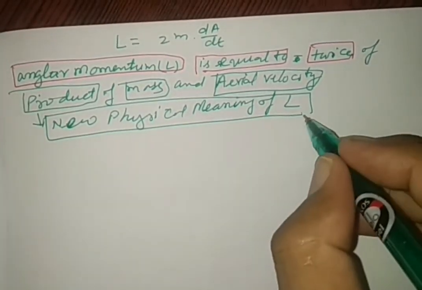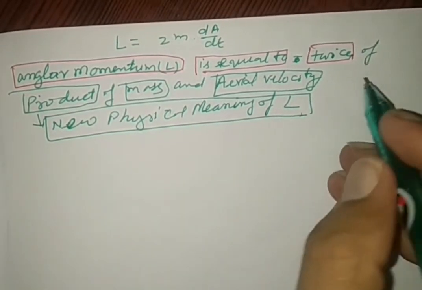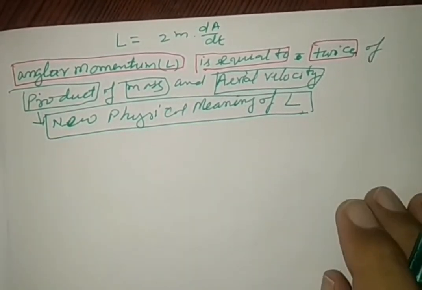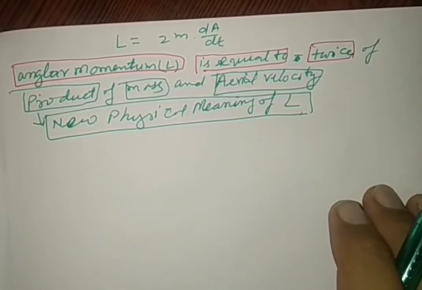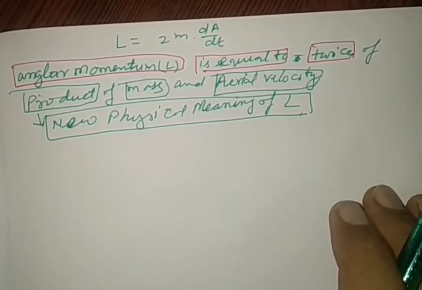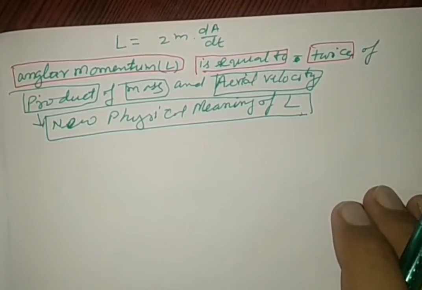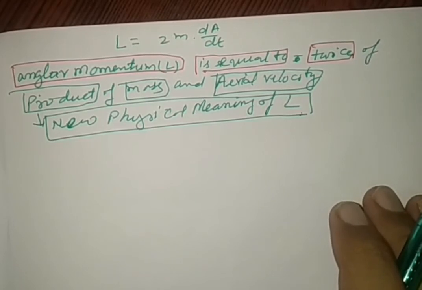So it is quite interesting to see. We have obtained plenty of meanings of angular momentum. Angular momentum is the cross product of the position vector and the linear momentum. It is also equal to twice the product of the mass of the body and its areal velocity.